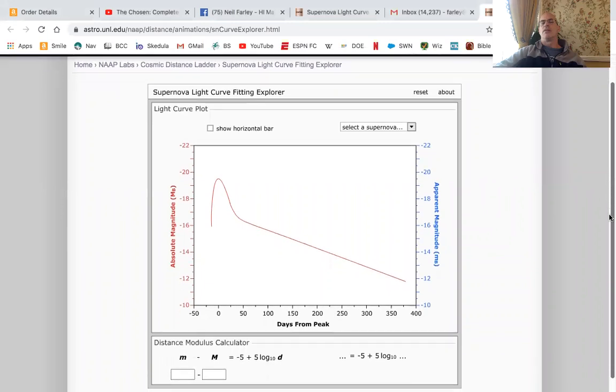Let's say we select a supernova, 1999er. What we do is we move the actual observed data so that it overlaps the standard light curve.